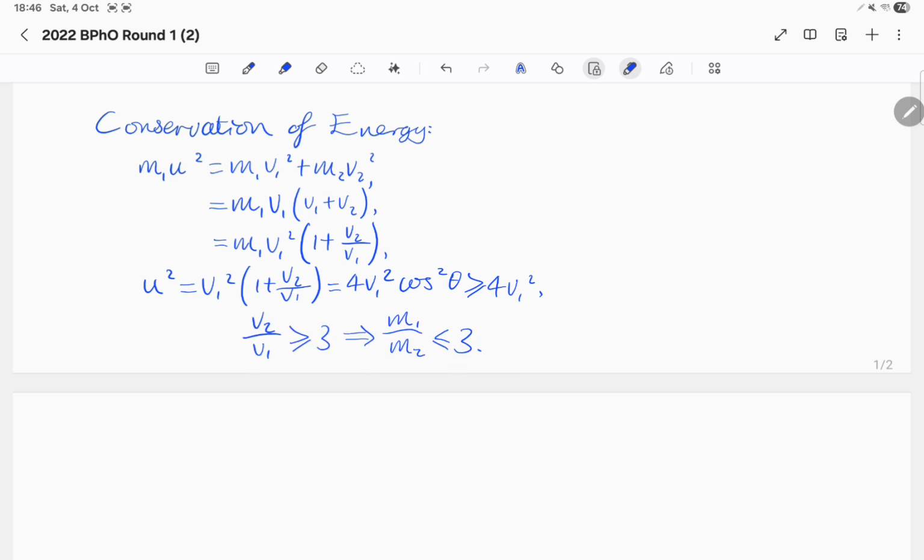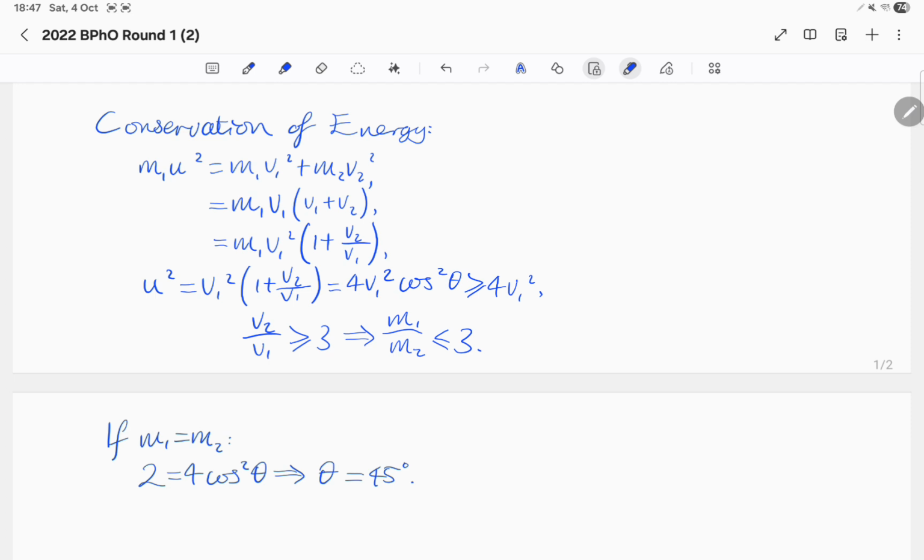Taking out a v1 squared from both sides and subtracting 1, we end up with v2 over v1 is less than or equal to 3. v2 over v1 is also equal to m1 over m2, and therefore m1 over m2 is less than or equal to 3. Now we can move on to part 2.